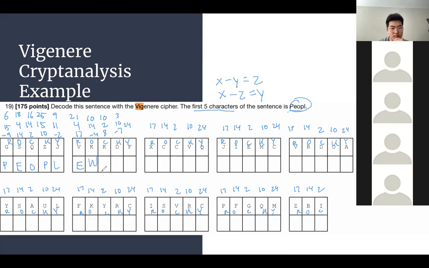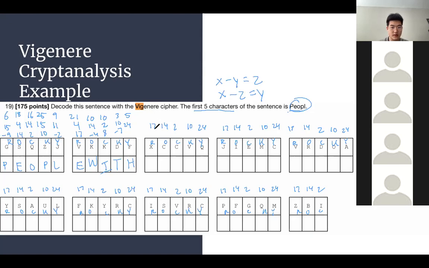Actually, that's wrong, but it could be people with or people who. And judging from this, I is 8, and then -7 is 19, and that's a T. It looks like people with. So I can confirm that by doing a 5 minus 24, -19, which goes to 7, which is H.